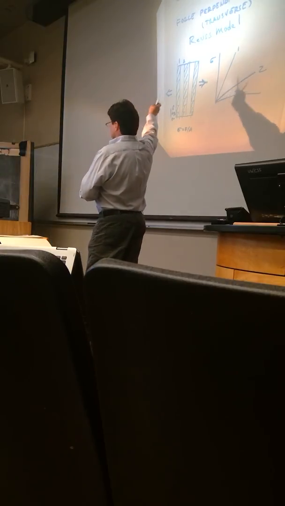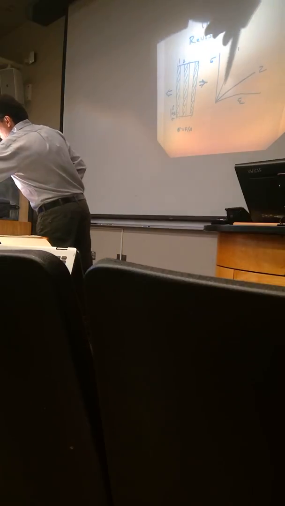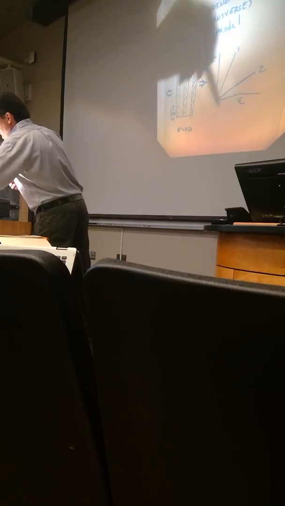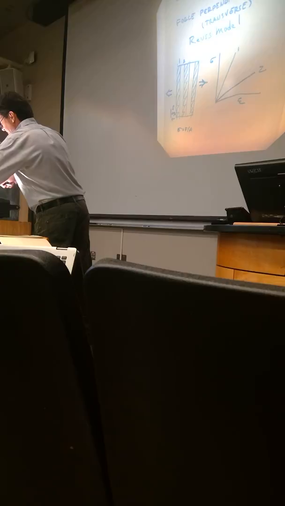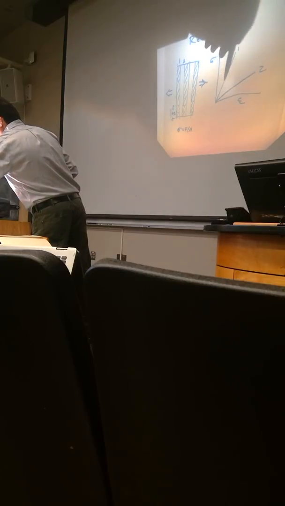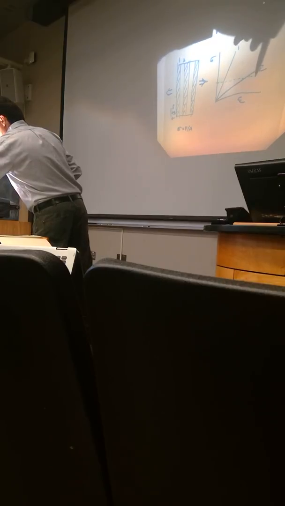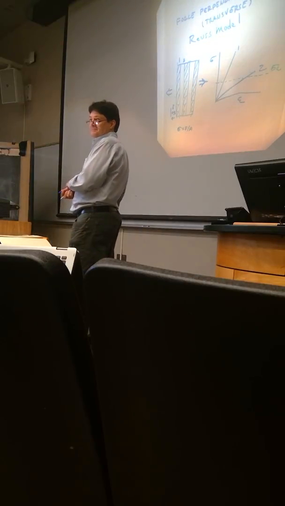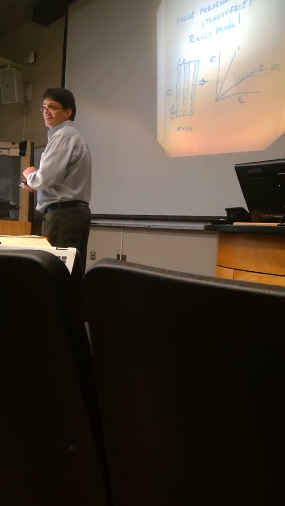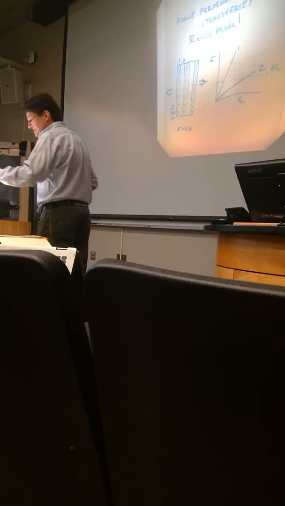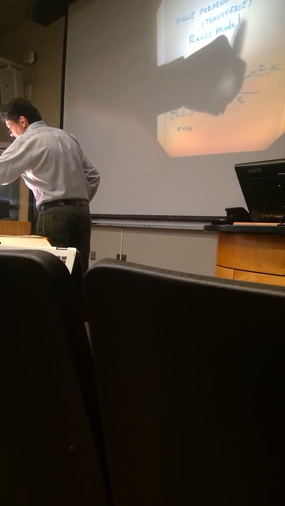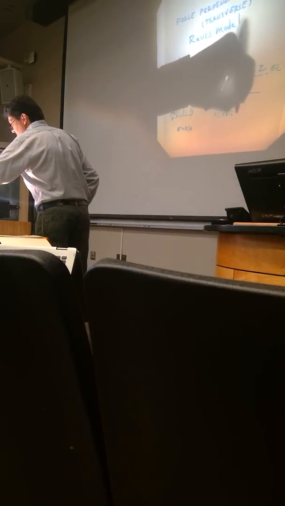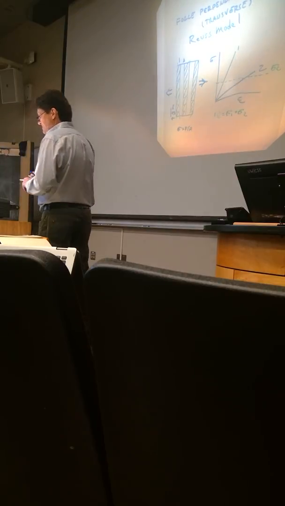So in this case, you draw a horizontal line this way. And that's going to be the stress in the composite. And the stress in the composite is going to be the same as the stress in the fiber. So sigma composite is equal to sigma 1 is equal to sigma 2.